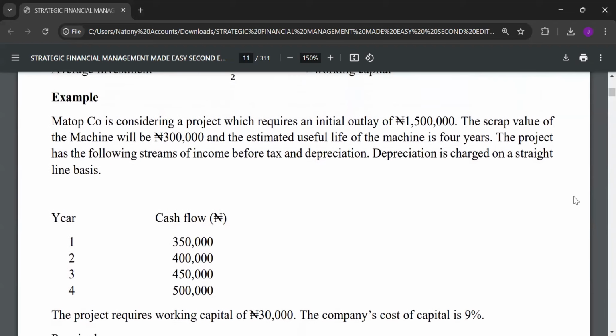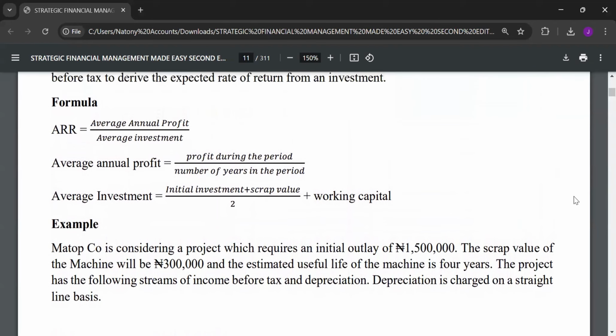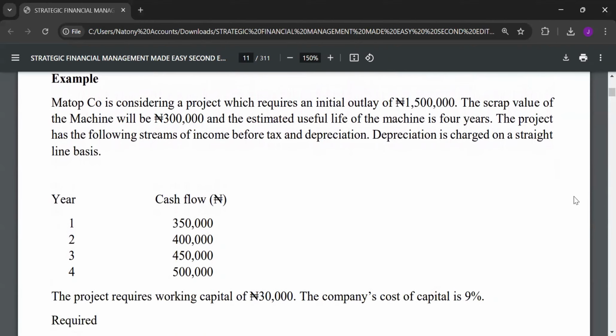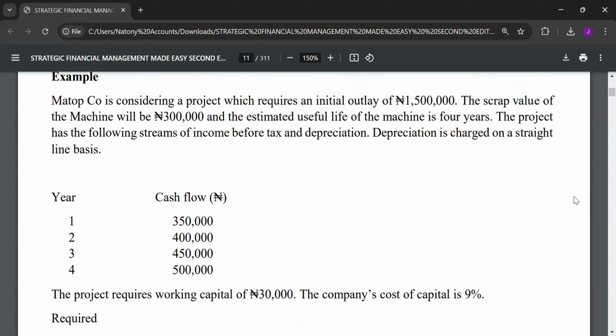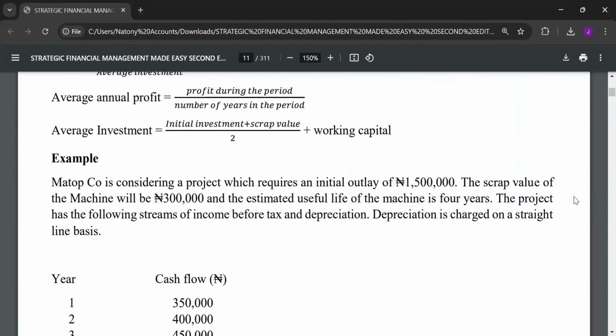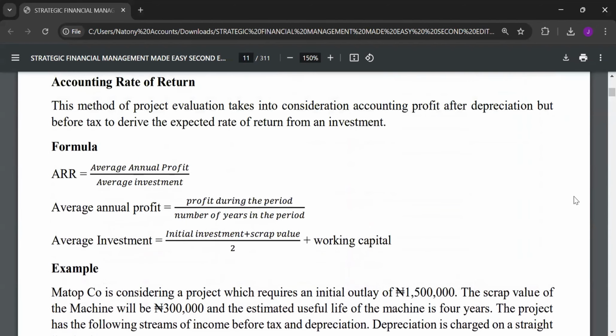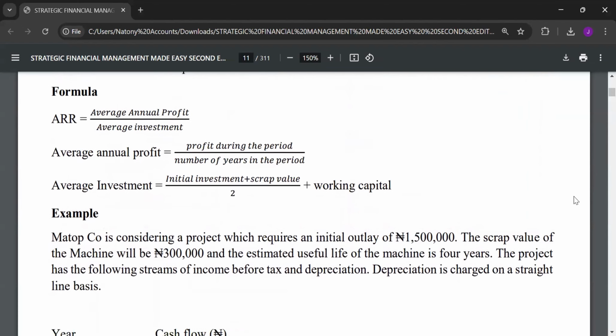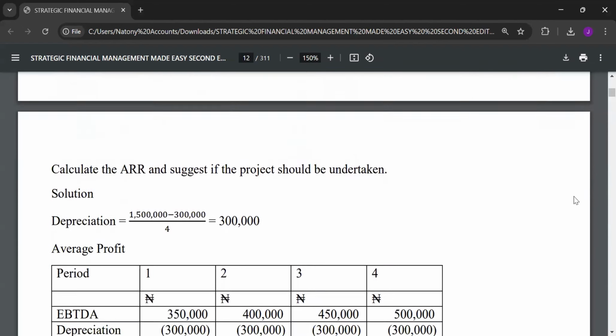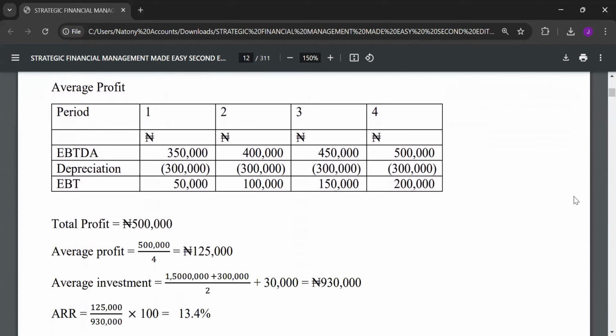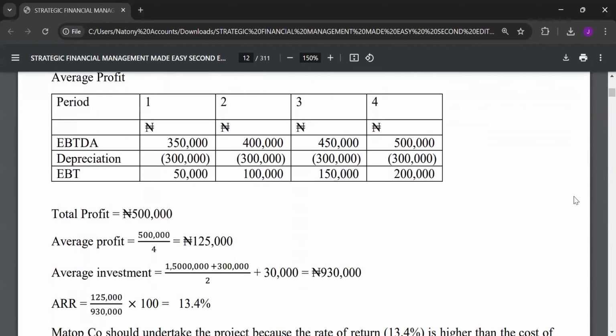What you are looking at is average profit. In this question, the number of years here is 4. So the average profit will be the profit received divided by 4, while for the investments, there's a formula here which you may need to look into. Okay, so that's for the accounting rate of return.